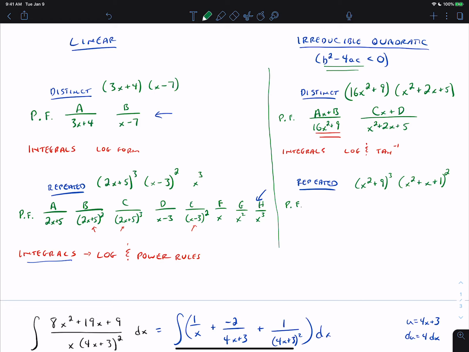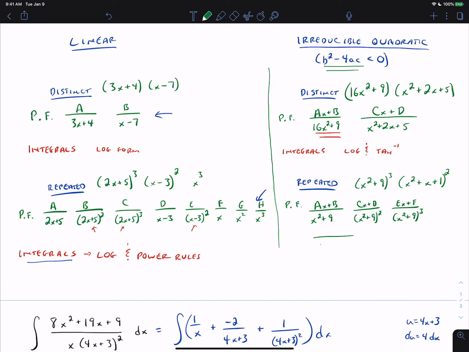So x squared plus 9 to the third would get 3 fractions in the decomposition. We'd have x squared plus 9, x squared plus 9 squared, and x squared plus 9 to the third. In all 3 of those, the degree of the numerator we would assume to be degree 1, but allow for the possibility of degree 0 because the coefficients of x might end up being 0. So we would put something like ax plus b, cx plus d, or ex plus f.